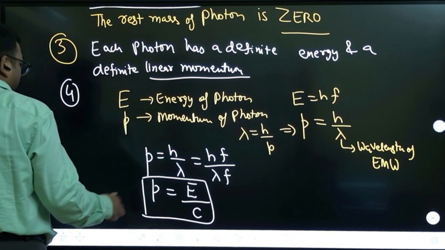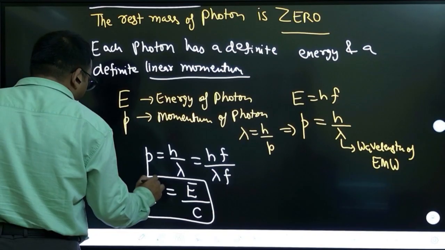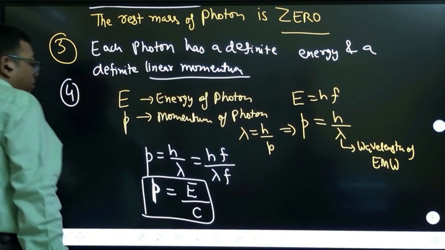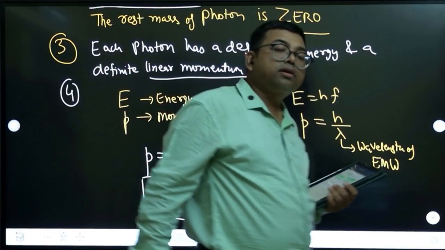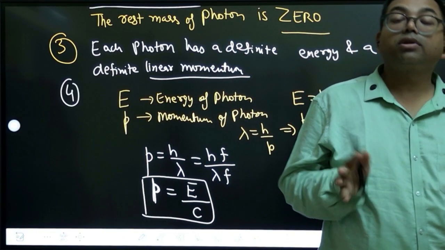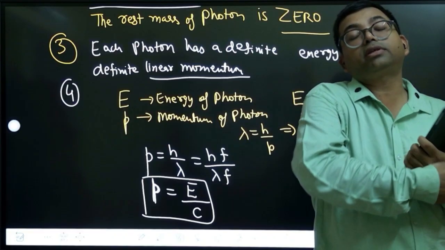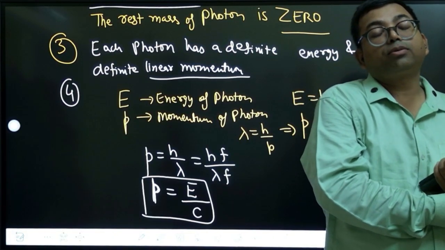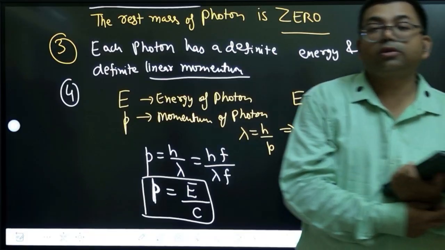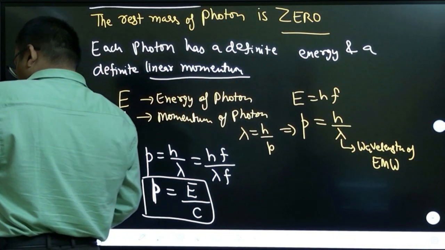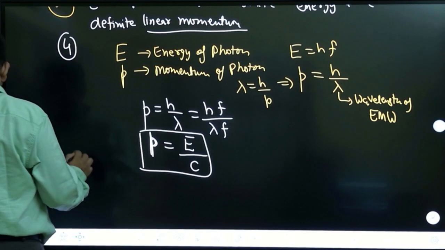You will ask about the momentum, can we not say about mass? No, we cannot define mass. So we should not try to calculate the concept of mass for photons.